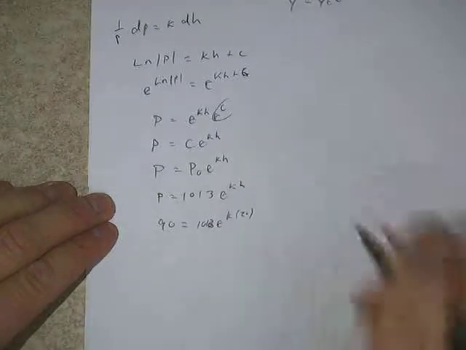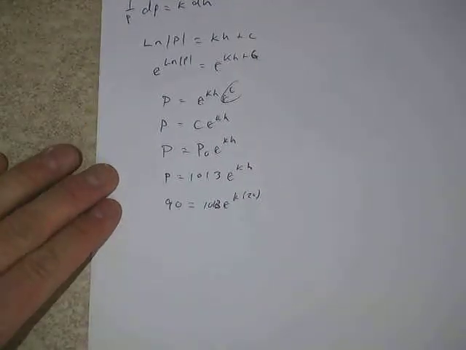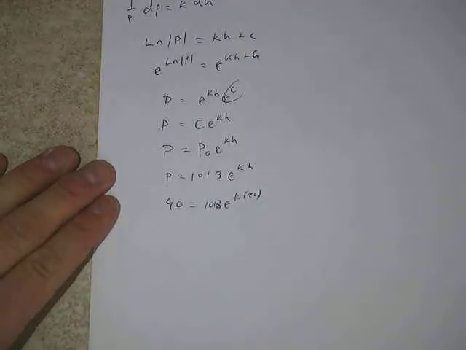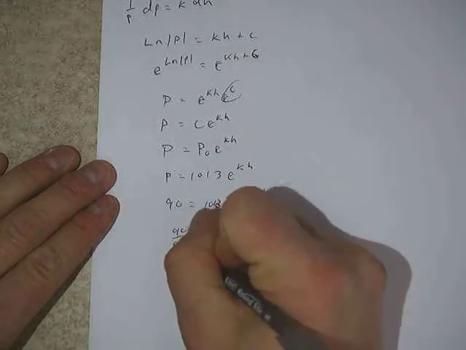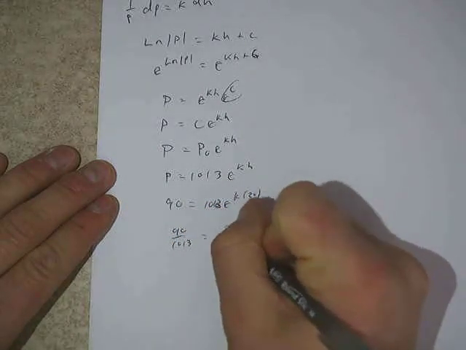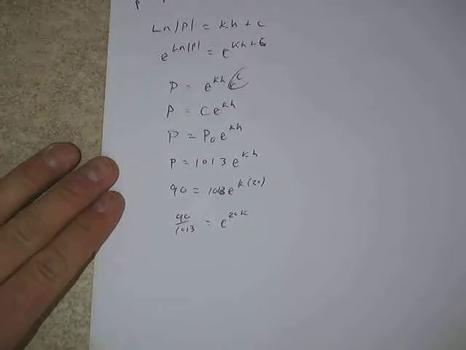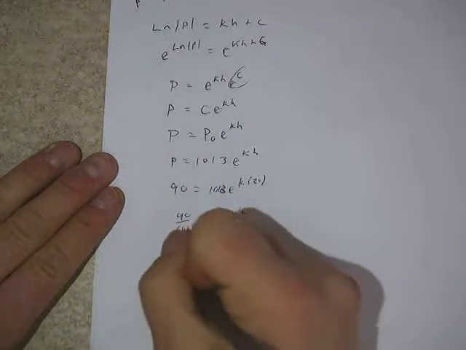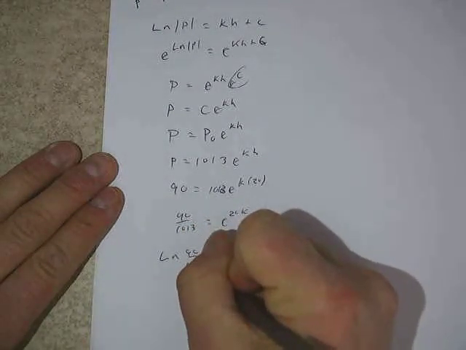So the other information that they told us is that the pressure at an altitude of 20 kilometers is 90 millibars. So if I put in 90 millibars, and I put in a height of 20 kilometers, then the only variable in that sentence is k.